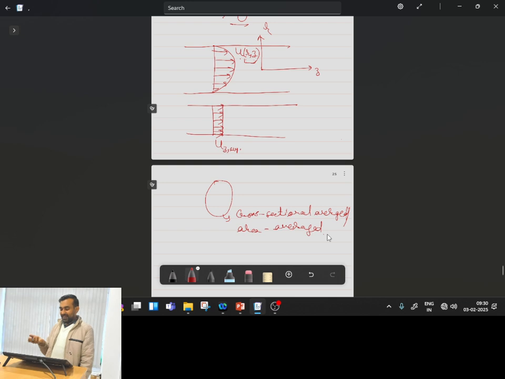So it means any quantity which I will be using, I will define as uniform over almost the entire area. Okay.